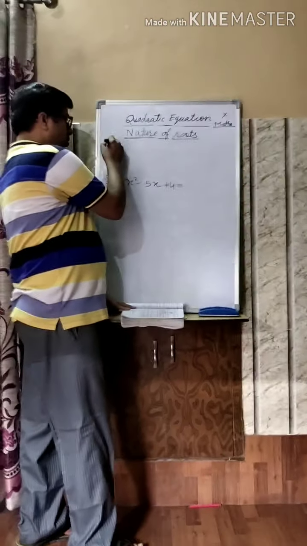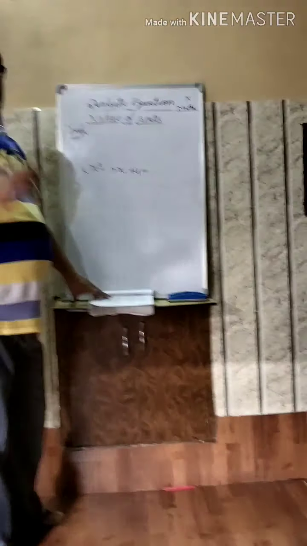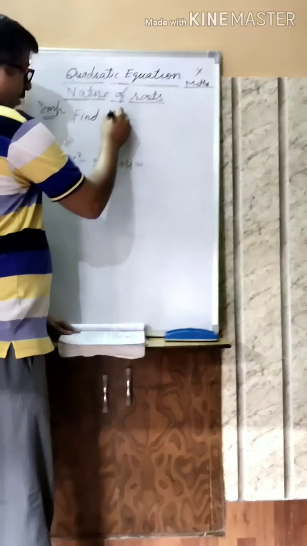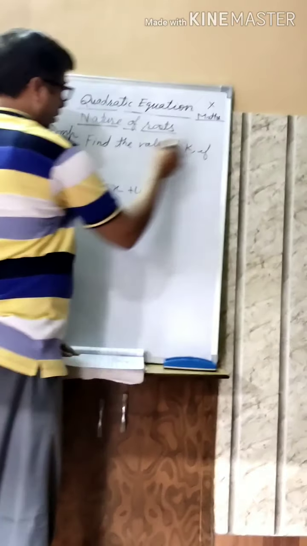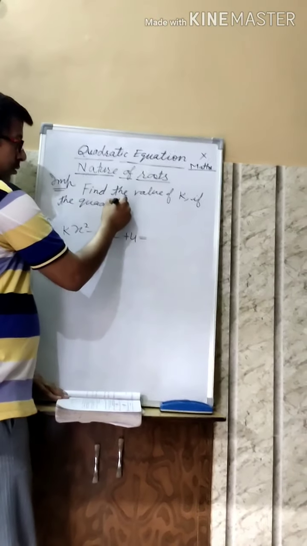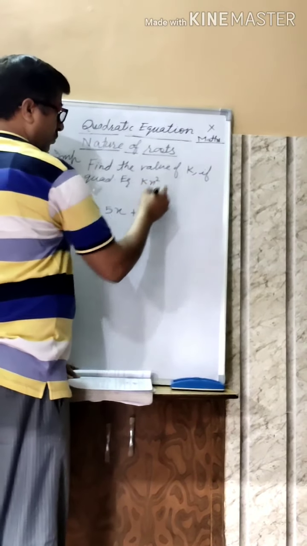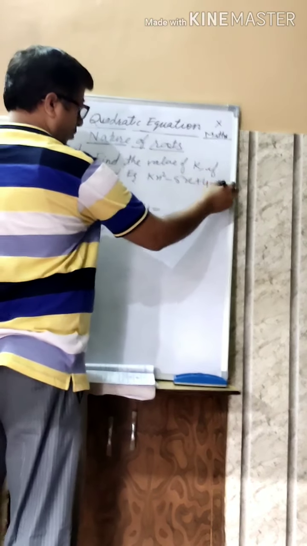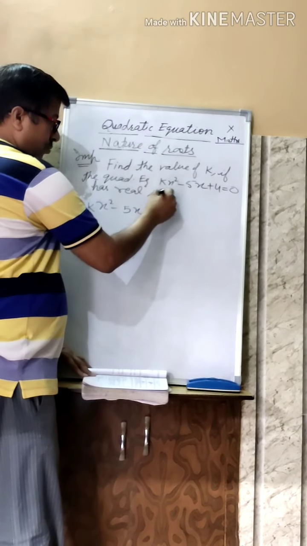If in the question you see the important point, find the value of k if the quadratic equation kx square minus 5x plus 4 equal to 0 has real roots.